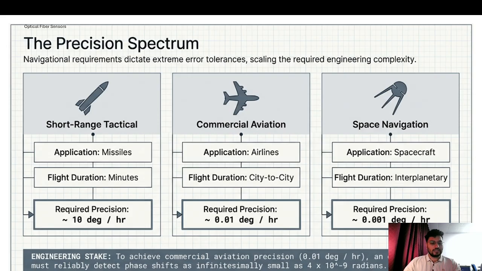To achieve the commercial aviation precision, an optical sensor must reliably detect phase shifts as infinitesimally small as 10 to the power of -4 into 10 to the power of -9 radians.